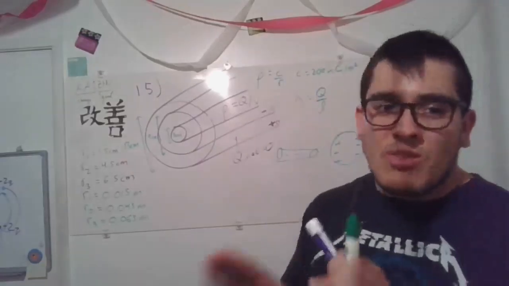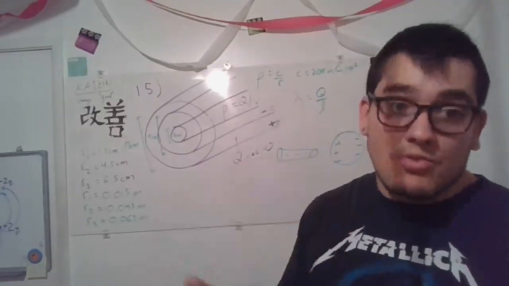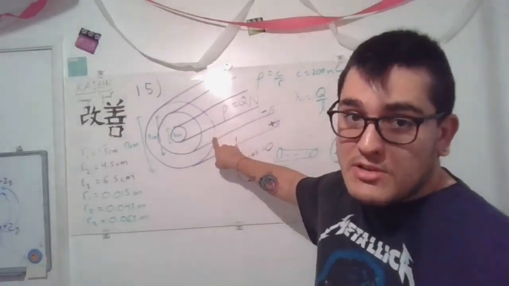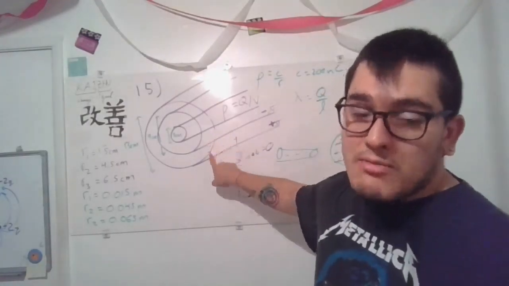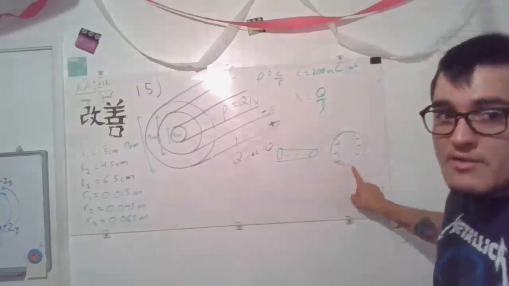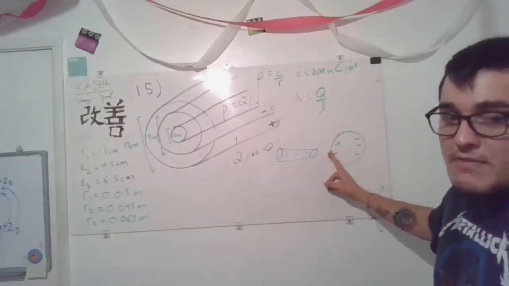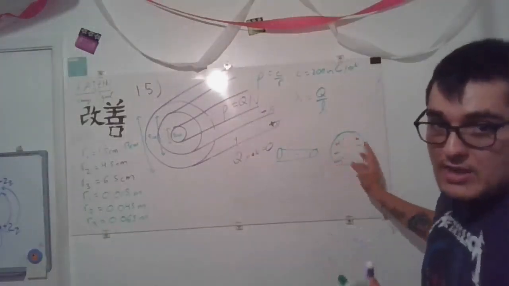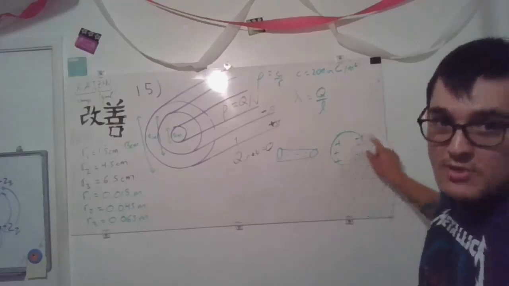So if the total net charge is 0, meaning it's neutral, then the amount of charges separated to the inner cylinder must be the same amount of charges separated on the outer, just like this sphere. See how half of them went this way, the other half are here, and they're equal in amounts. There's 1, 2, 3, and 1, 2, 3.